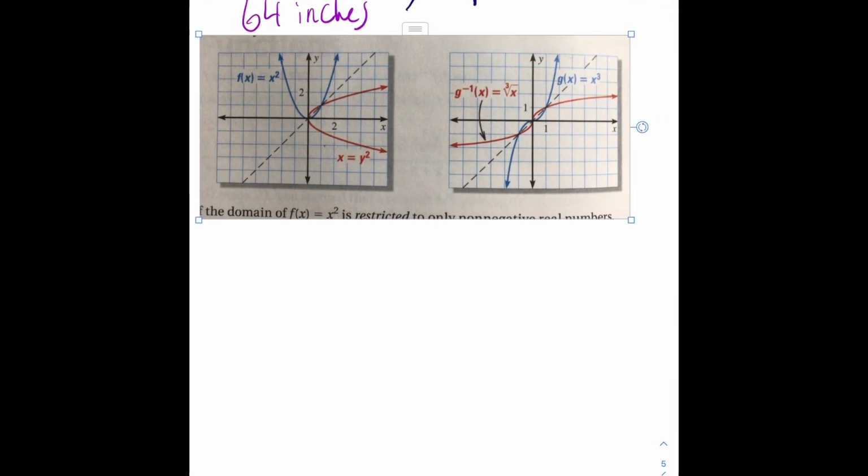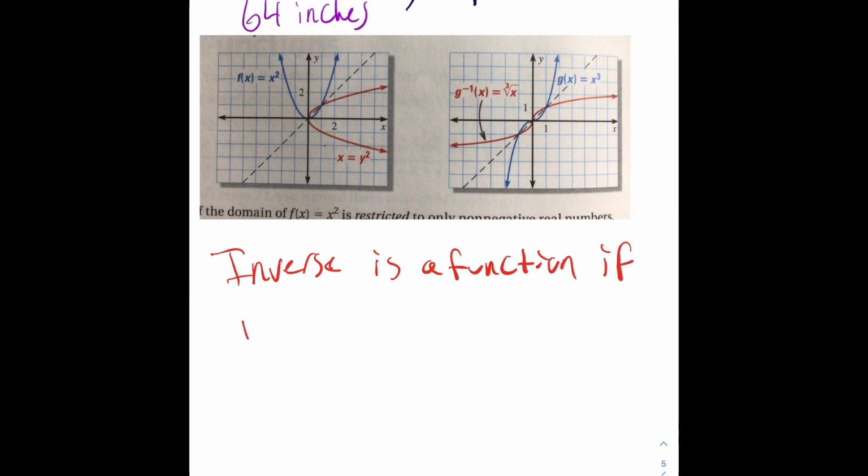And so one way that you can do this is we're going to go back to our horizontal line test. Excuse me. We've used the vertical line test before. So to find if an inverse is true or not is if it passes the horizontal line test. So the inverse is a function if it passes not the vertical line test, that's for the normal function.